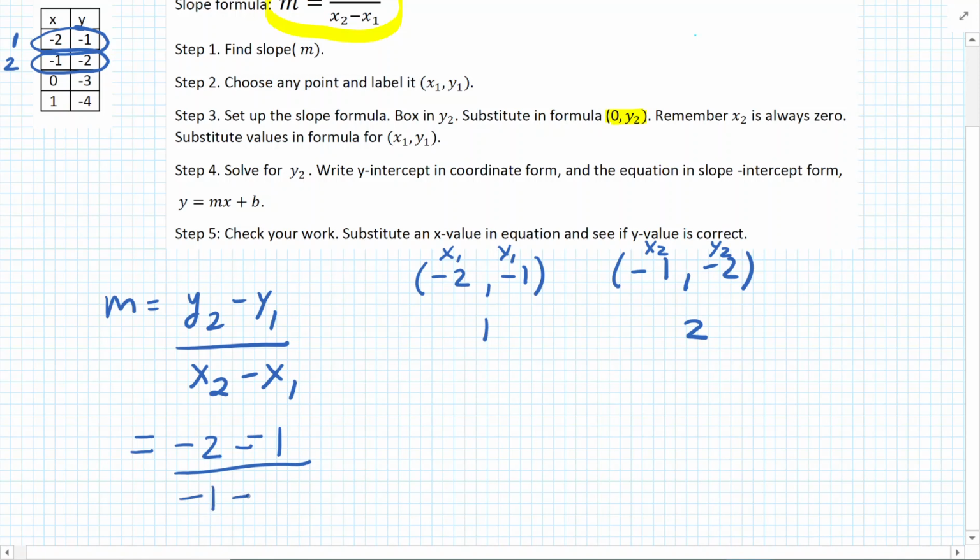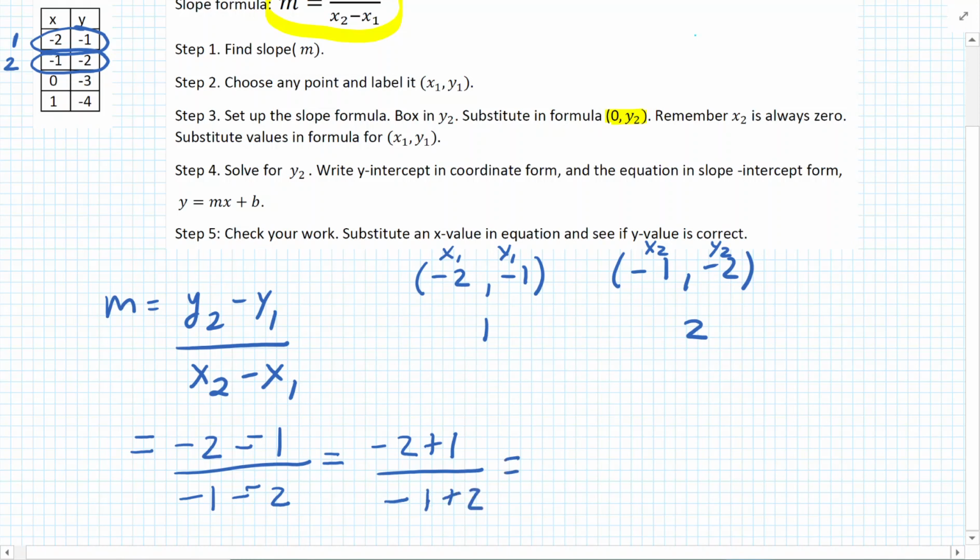We're going to subtract x1, which is minus 2. Thus we have minus 2 minus a minus 1, which is minus 2 plus 1, all divided by minus 1 plus 2.